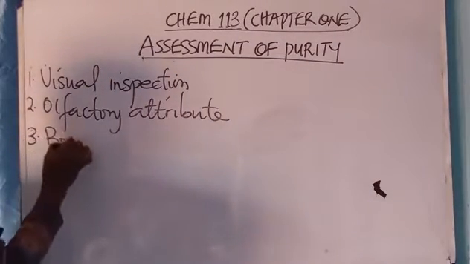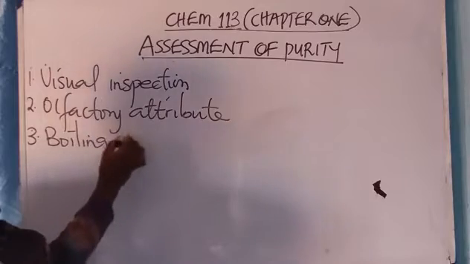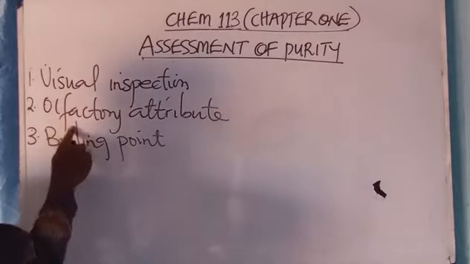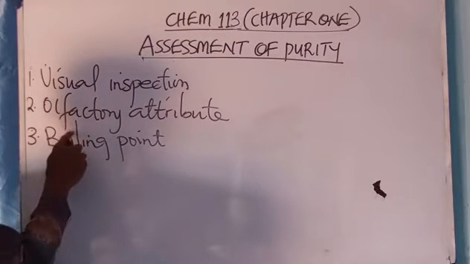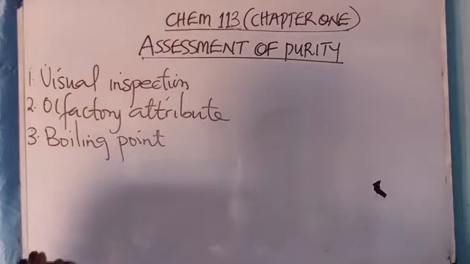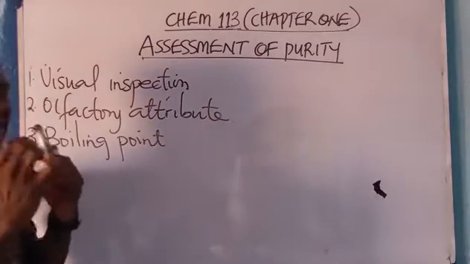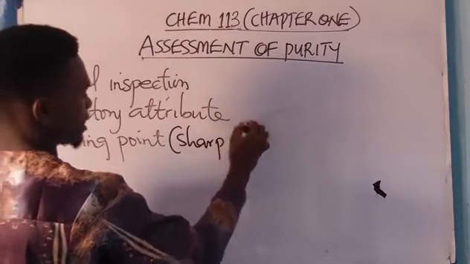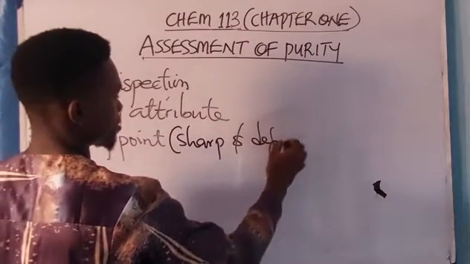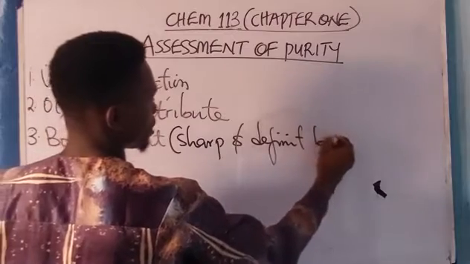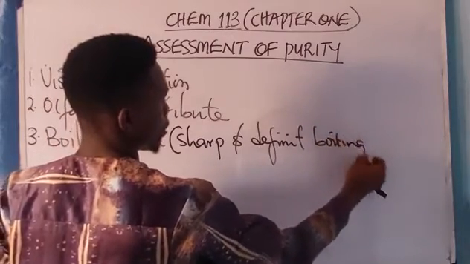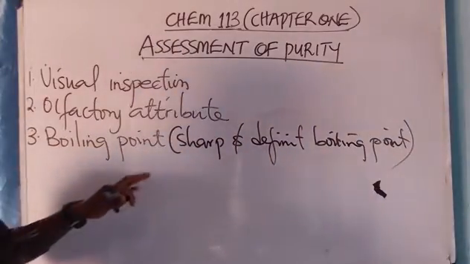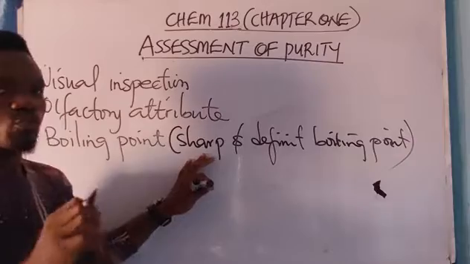Number three is boiling point. Please take note of this. Pure substances have sharp and definite boiling points. Their boiling point is definite and it is sharp.